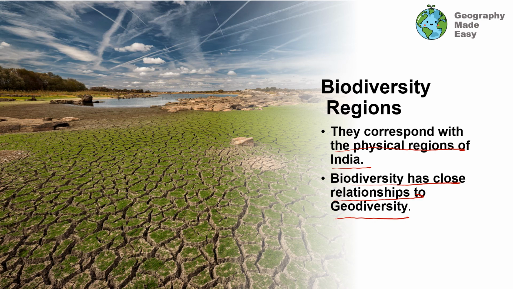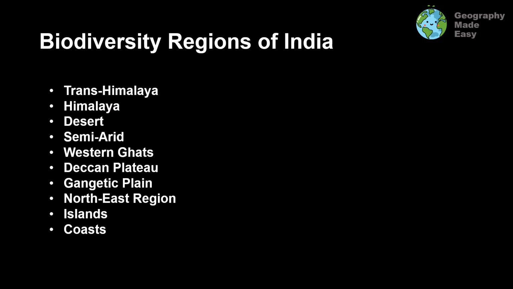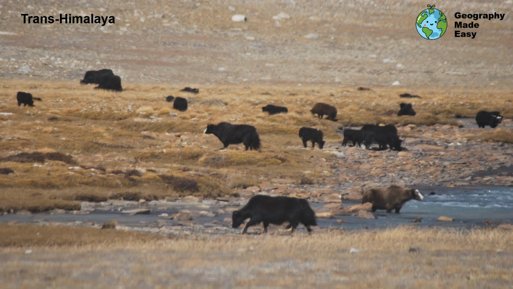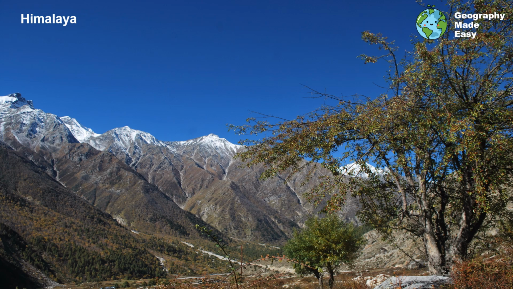Now let us look at the different kinds of biodiversity regions. We have already discussed that we have these 10 types in India. The first one is an example of the Trans-Himalayas. This is in Sikkim. We have a particular type of landscape in which certain types of species live. Next we have the Himalayas. Within the Himalayas there can be different kinds of biogeographical zones, but we limit ourselves to one type and broadly classify it as the Himalayas.